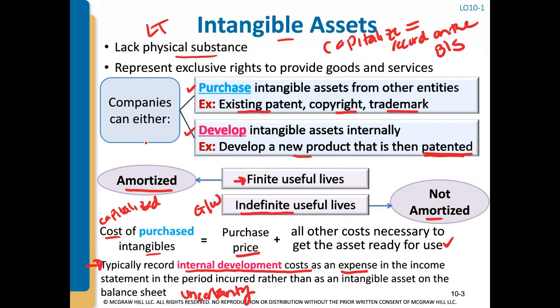Internal development cost means the company's researching, think of research and development, they're looking into seeing if something is viable, if an asset is viable, if they can use it in the future. And the outcome may be that an item might be created that can be patented, or it could be scrapped because they can see that it's not going to work. So internal development costs are expensed because there's uncertainty as to whether there is future benefit from those costs.